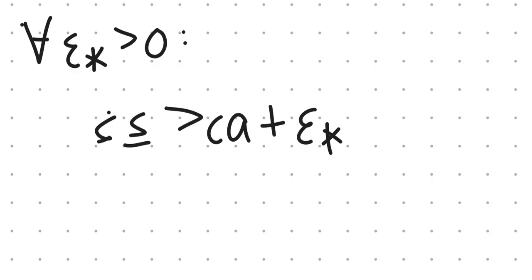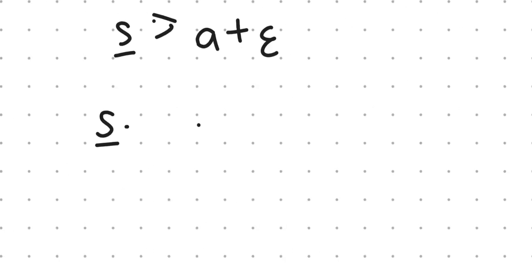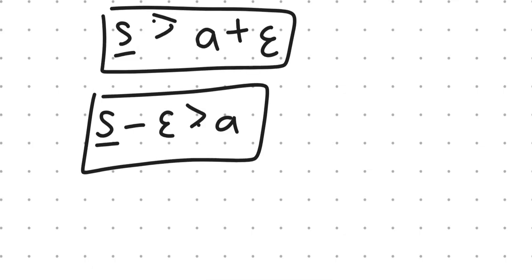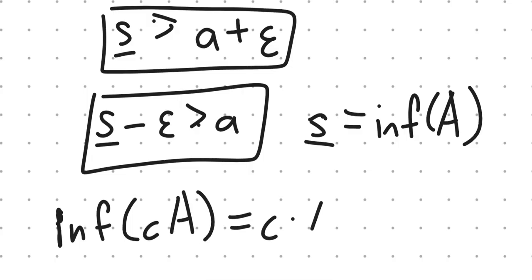The reason I defined epsilon star as C times epsilon is that if we divide both sides by C, we see that for every C in the real numbers except 0, S dash is bigger than a plus epsilon, which is the definition of the infimum. Or we can define it as S dash minus epsilon is bigger than a. Both definitions are correct, but we have proven that S dash is equal to the infimum of A. From that we can say that the infimum of C times A is C times the infimum of A.